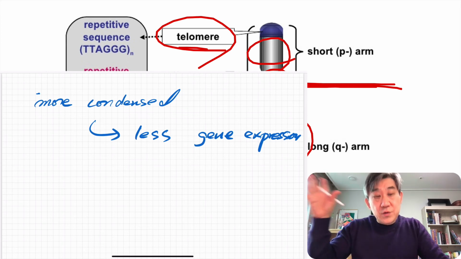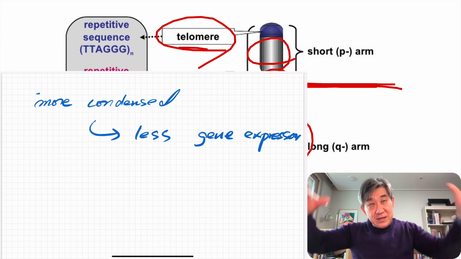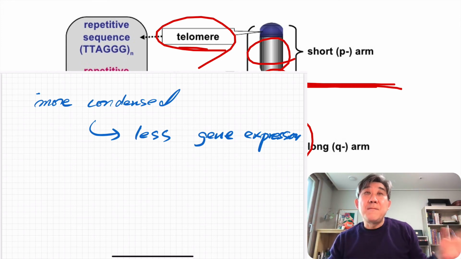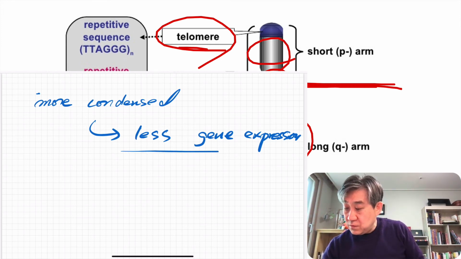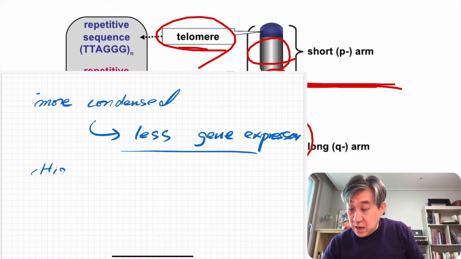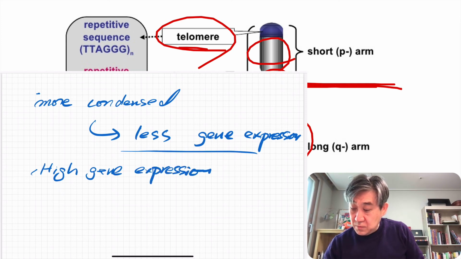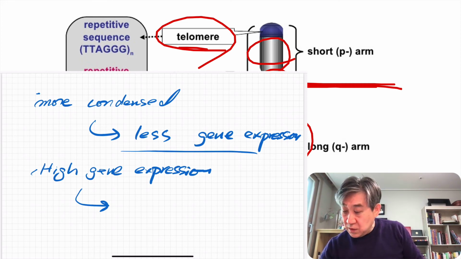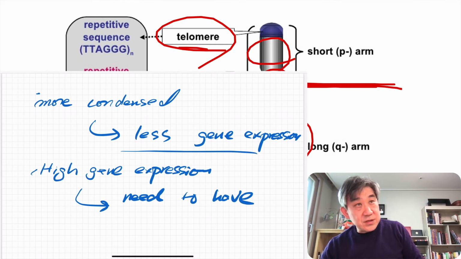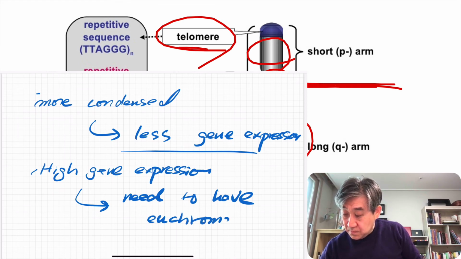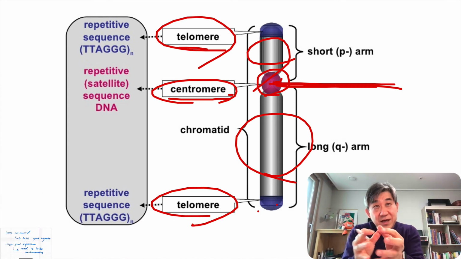So if you want to make this particular area highly active in gene expression, then you need to have this particular area be a euchromatin area, which means a much less condensed area.